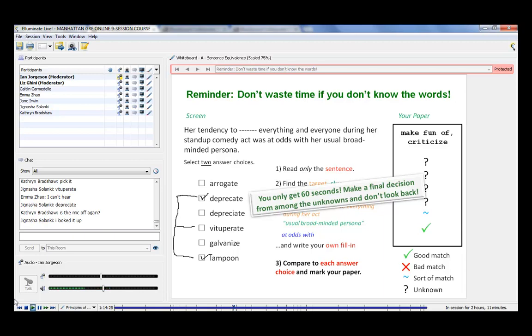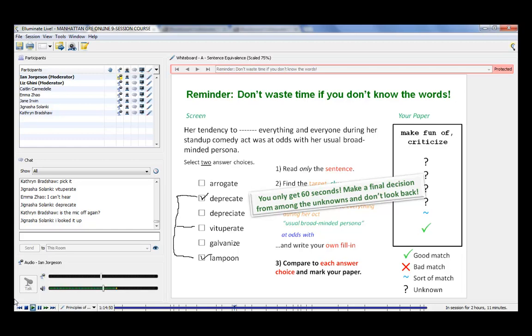But what I was trying to get across here is if I was doing answer choice analysis on this set of problems, deprecate, vituperate, and lampoon are a false triple. The difference here is that deprecate and lampoon both mean to insult. Vituperate means to harshly criticize.